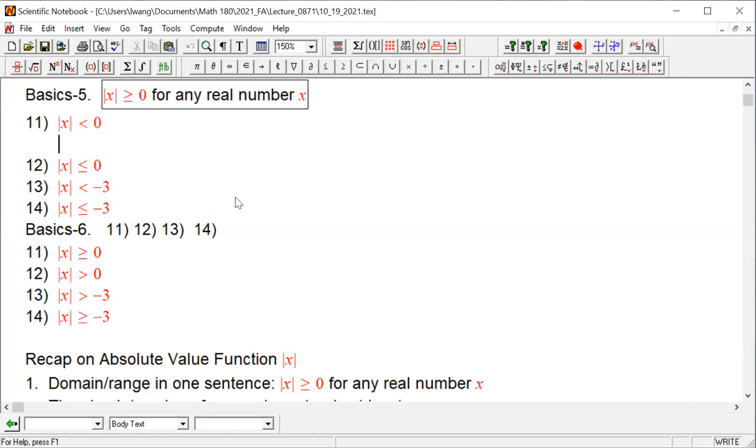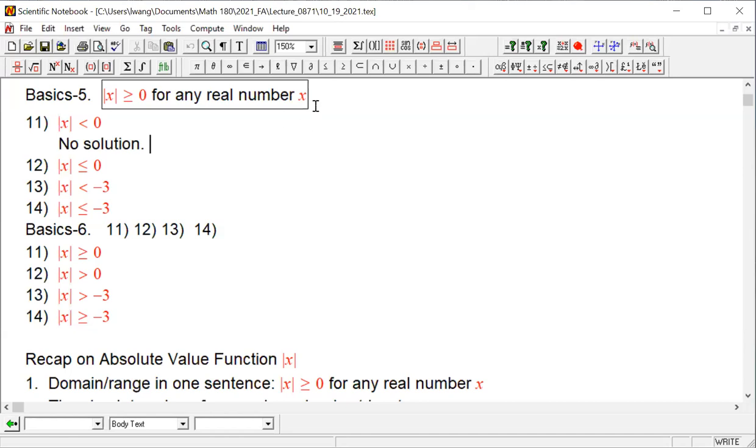Is this going to happen ever? You take the absolute value of any number, are you ever going to get a negative? Because less than 0 means negative. So what will be your answer to number 11? No solution. That's right. No solution.